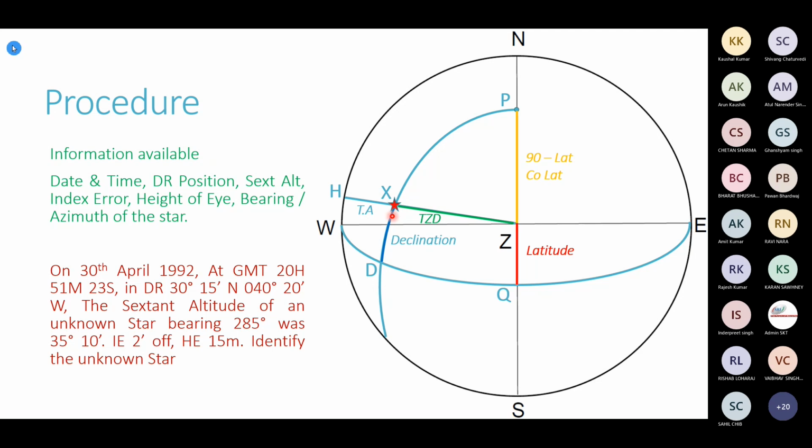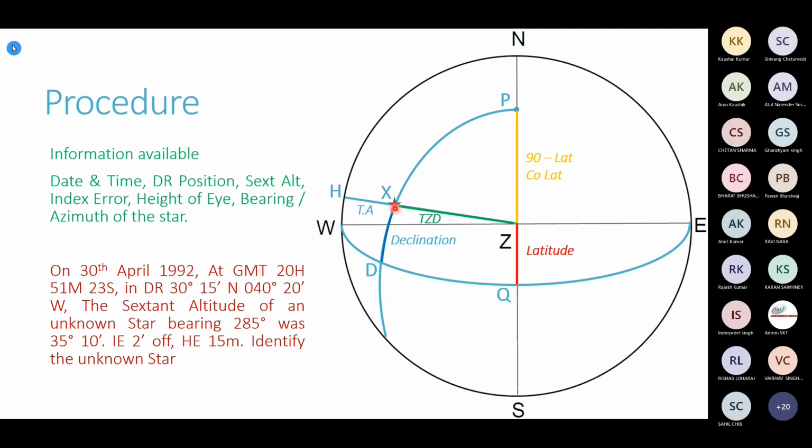Now we know D point is on the equinoctial and P point is the pole. Now pole to equinoctial, we know the arc of any celestial meridian from the pole to the equinoctial will always be 90 degrees. So P to D is 90 degrees, and we are aware that D to X is the declination of the body.